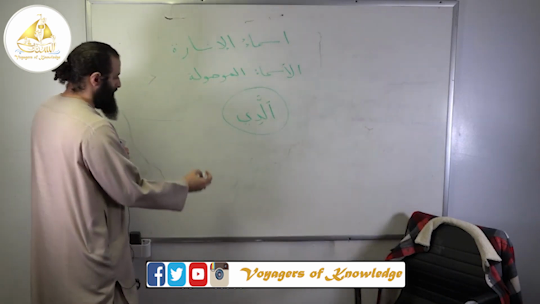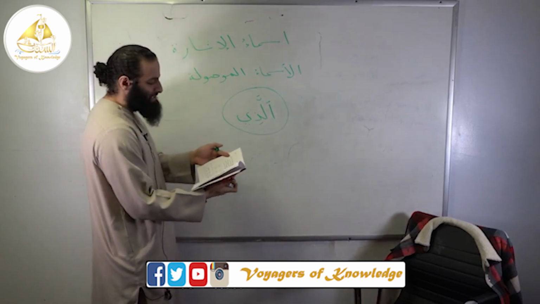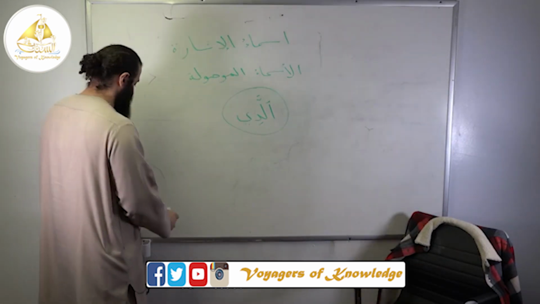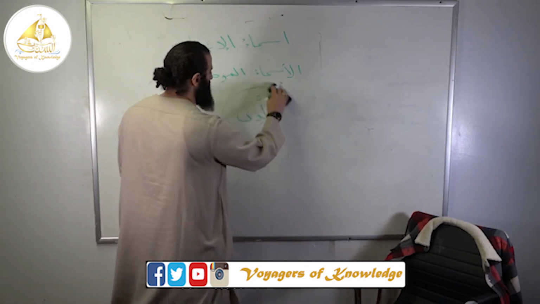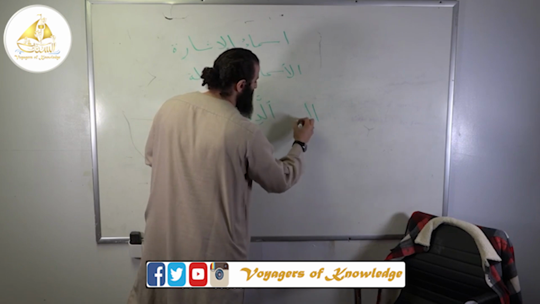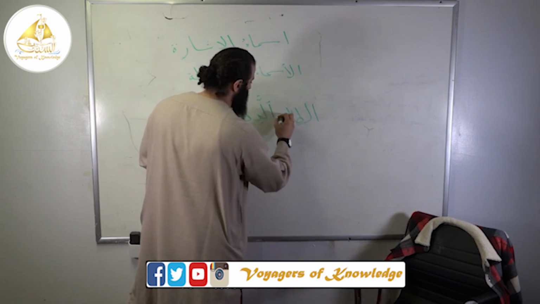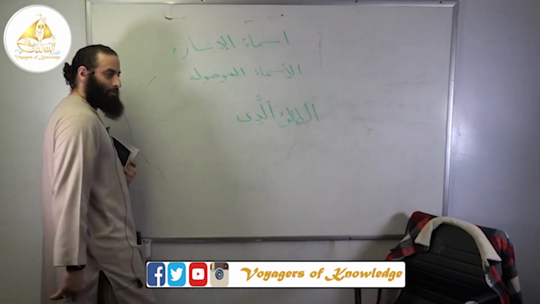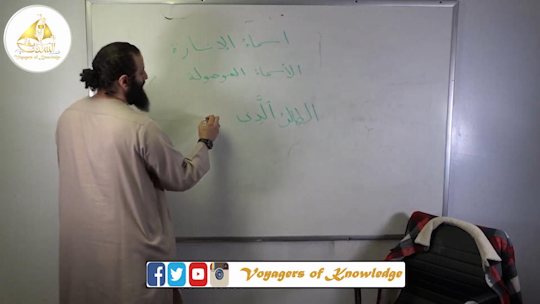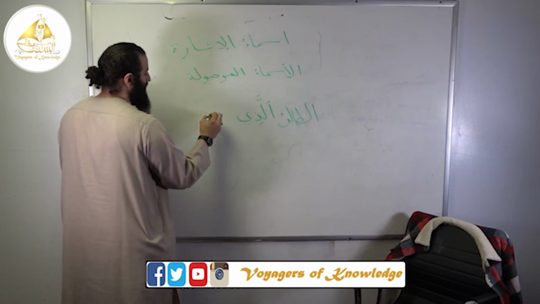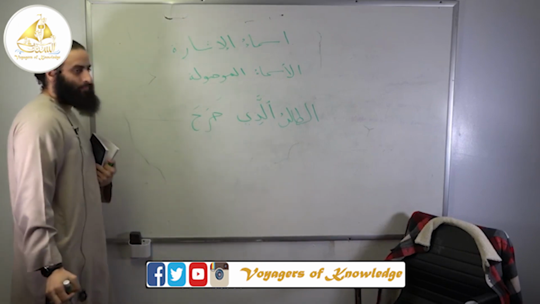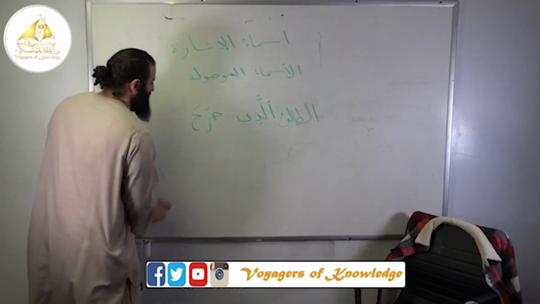So, let's take the first sentence. الطالب الذي خرج. All right, I'm gonna just use this one we have here. الطالب. Don't worry, it's a little bit slanted. I was out of space. الطالب الذي خرج. You guys are going to think that's a lot, aren't you?